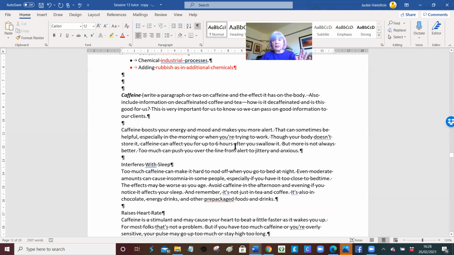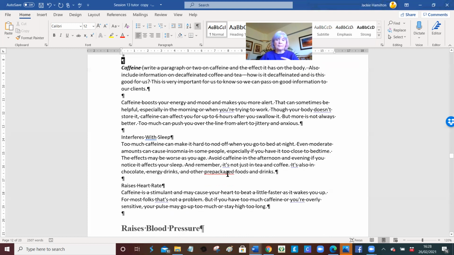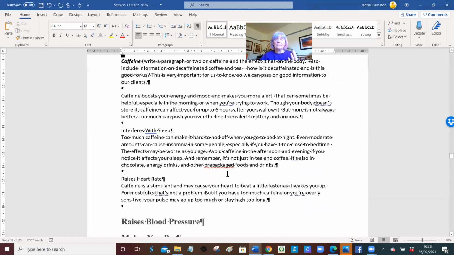There's loads of information out there, but it can interfere with your sleep, and it stays in your body for 6 hours after you've drunk it. So it's best not to have it. In fact, it's best not to have a caffeine product after midday. And it's not just in tea and coffee, it's also in chocolate, energy drinks, and other pre-packaged food and drinks.